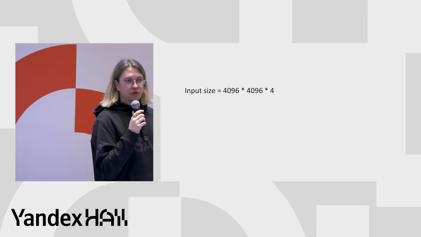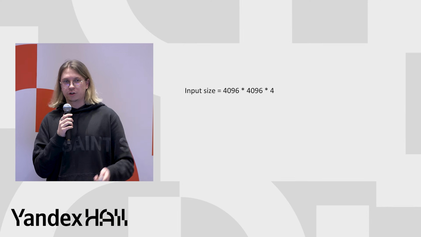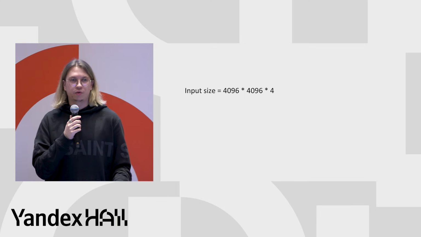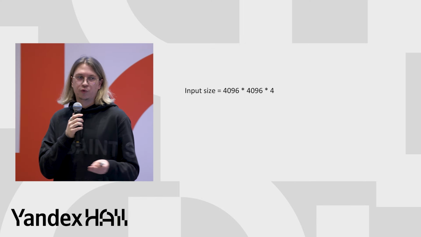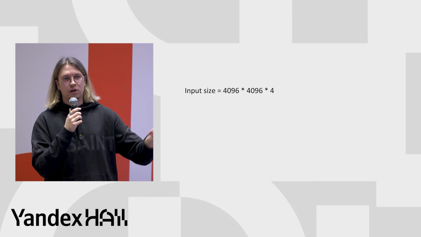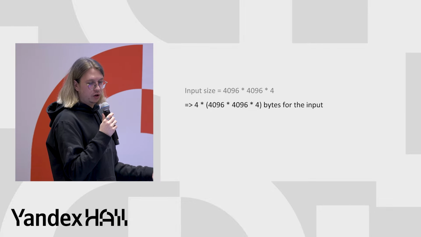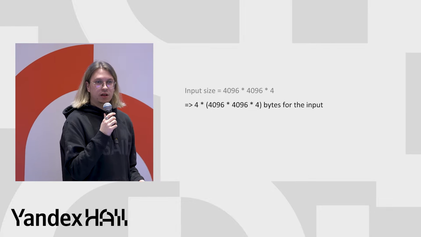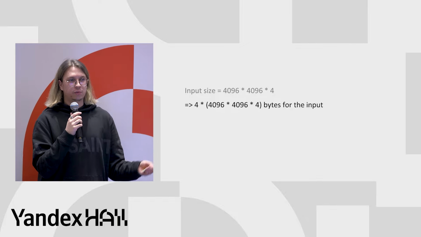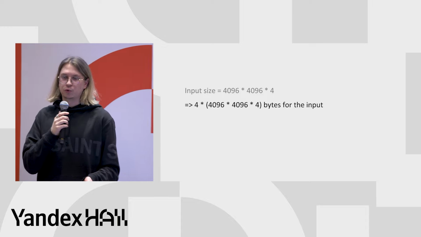So we know that the input size for the GELU kernel, let's start with the GELU kernel, is 4,000 by 4,000 by 4, because the first linear layer expands the dimension by 4 times, right? So we know how many bytes it takes for the input. We just multiply it by 4 because we use FP32.